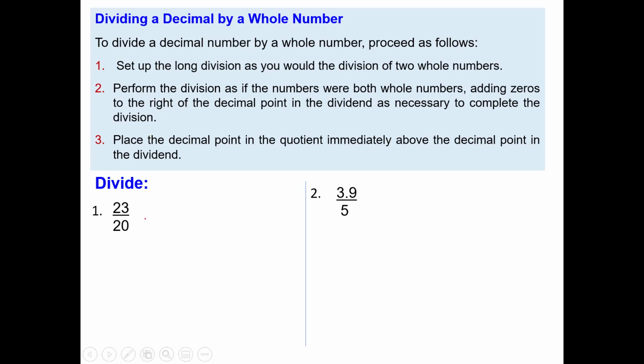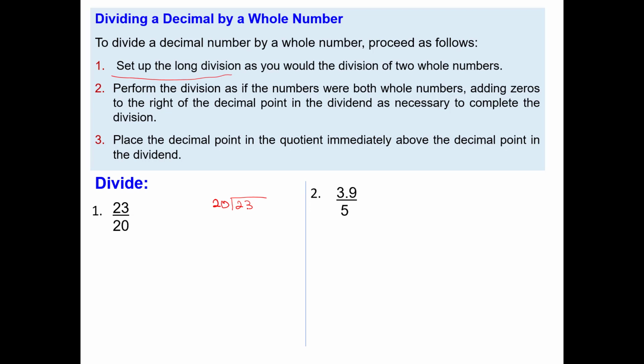Let's try to solve this problem, and we will follow these three steps. Step number 1: we set up the long division. Then we perform the division as if they were whole numbers.